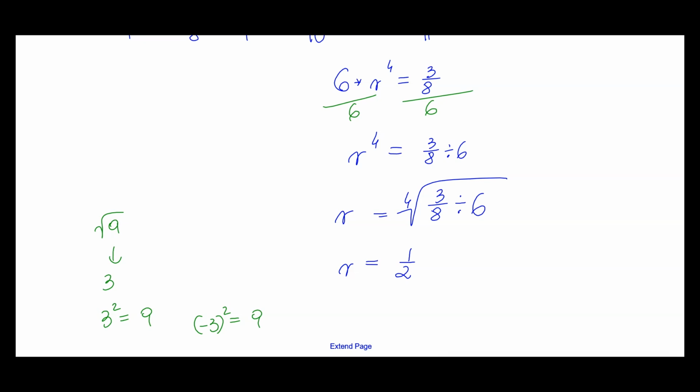So following that logic, one value is 1/2, or r could equal minus 1/2. The negative value will give me the same outcome, yeah? That's just something to remember. Now, I know power of 4, that's what we are dealing with here, but an even power will change the minuses to pluses, yeah?